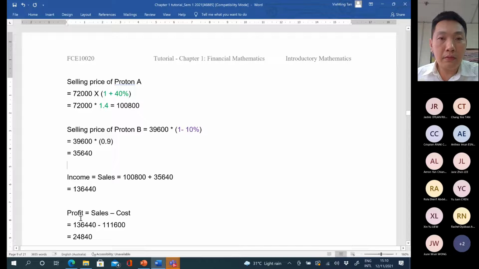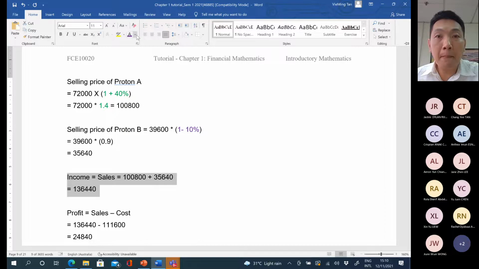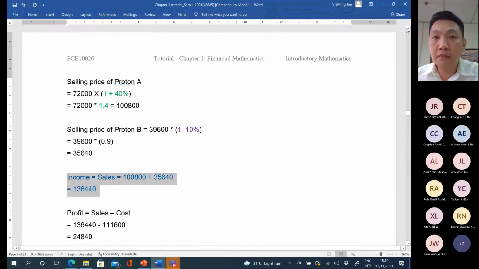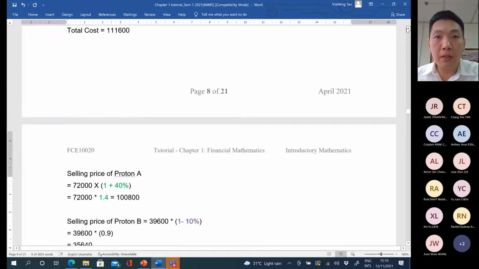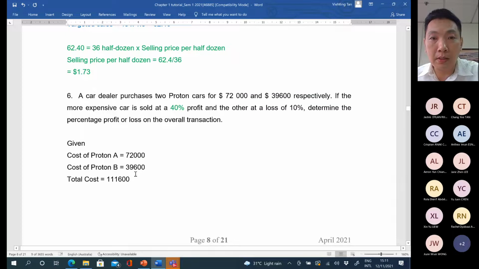All right. I can use blue color now. And the cost just now, I used red color, right? The cost is this one.